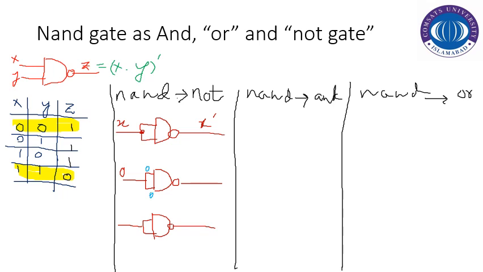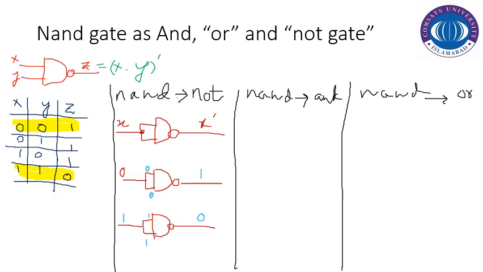Now at this combination, the output will be 1. And if I apply 1 here, 1 will be applied at this input, 1 will be applied at this input, and the output is 0. So here we can implement the NOT gate by simply short circuiting the two inputs, and now the NAND gate is behaving as the NOT gate or NOT operation.